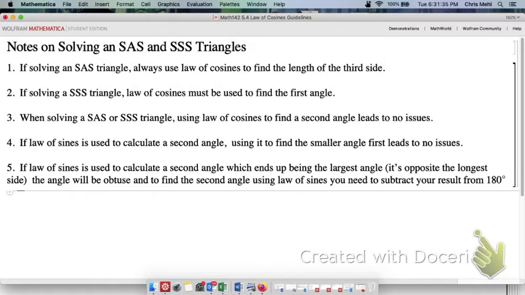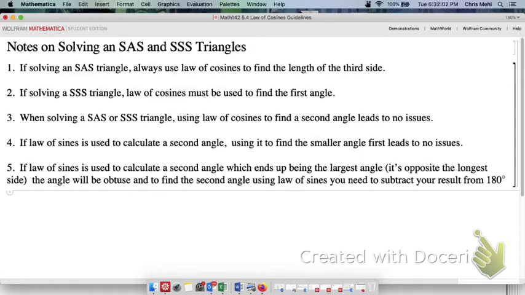So my general rule of thumb is I never use law of sines to solve for the largest angle, unless I'm forced to for our previous 3 types of triangles. If I'm finding a second angle, I generally like to find the smaller of the 2 unknown angles first, because that will be an acute angle and you will not have any issues using law of sines there.